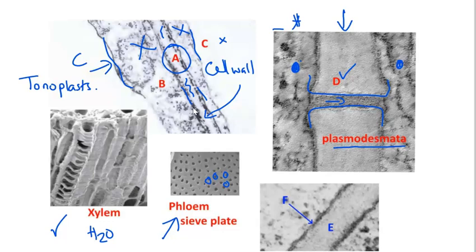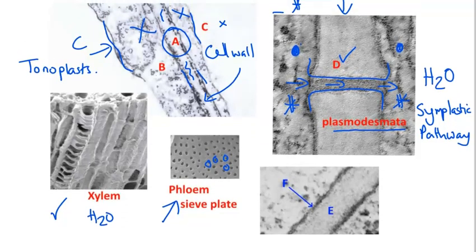So the plant cells' cytoplasm is connected to each other, which is very atypical of cells, and molecules of sufficiently small size can pass between those through that cytoplasm. And one in particular, of course, is the movement of water. And the movement of water from the cytoplasm of the cell on the left-hand side here to the cell on the right-hand side here through the plasmodesmata is known as the symplastic pathway. And this will come up later when you are looking at aspects of plant transport.